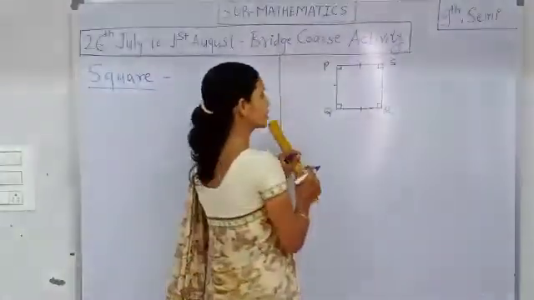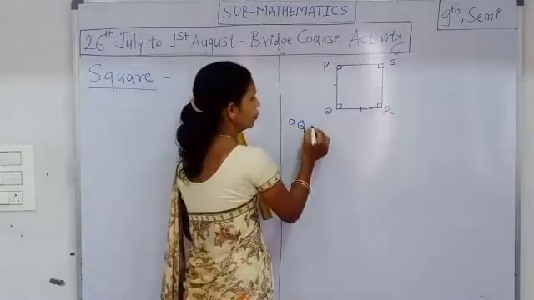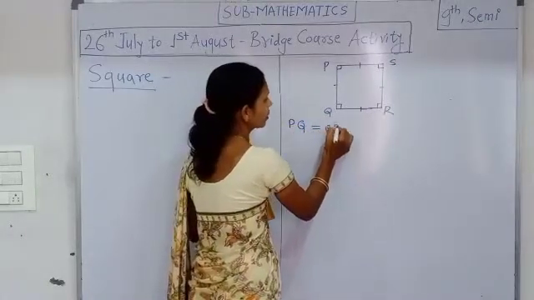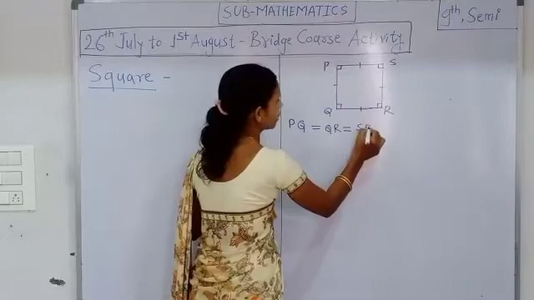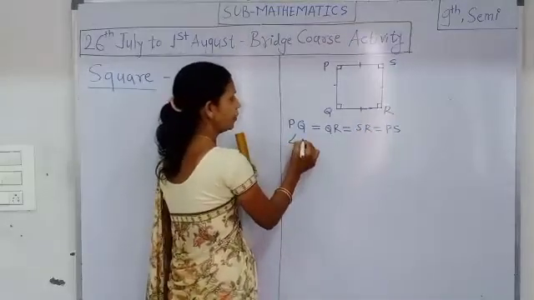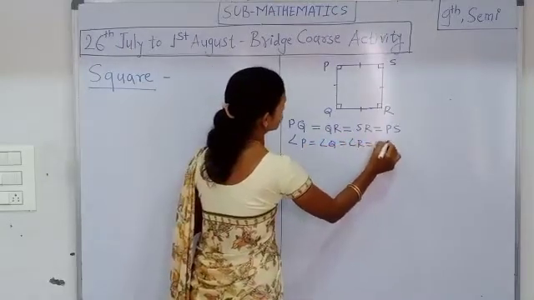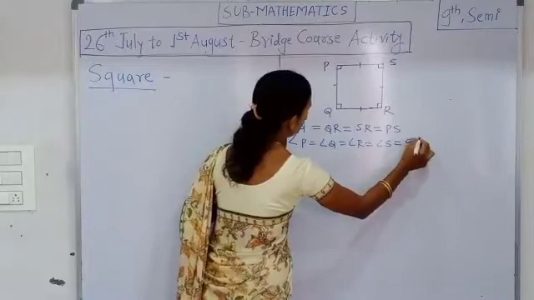Then PQ is equal to QR is equal to SR is equal to PS, as well as angle P is equal to angle Q is equal to angle R is equal to angle S is equal to 90 degrees.